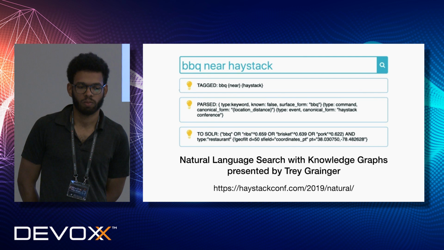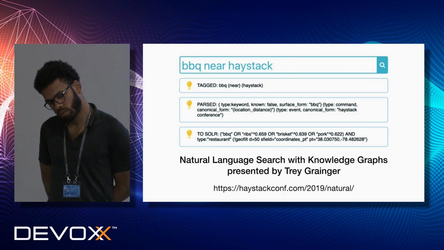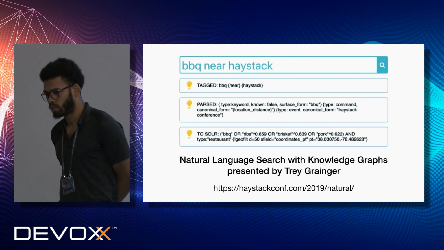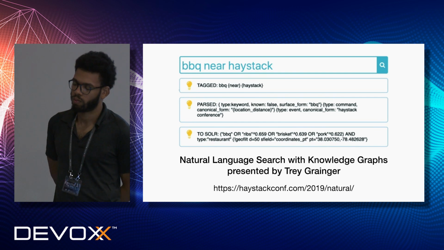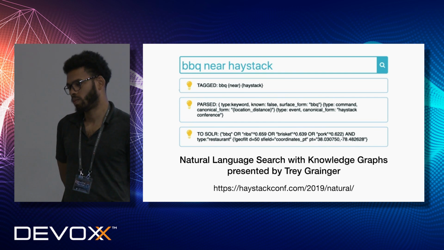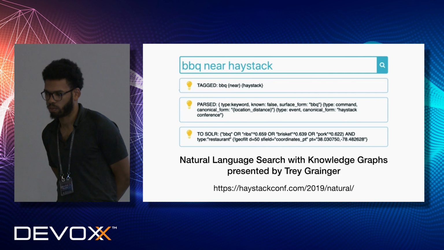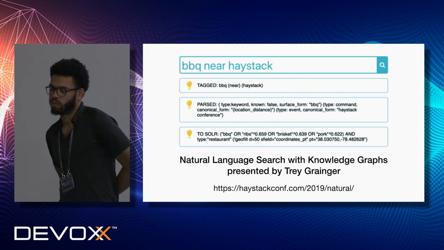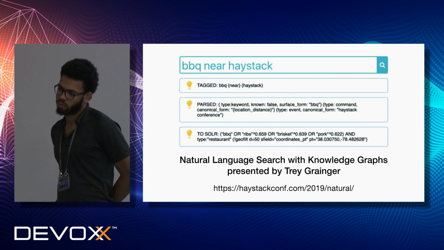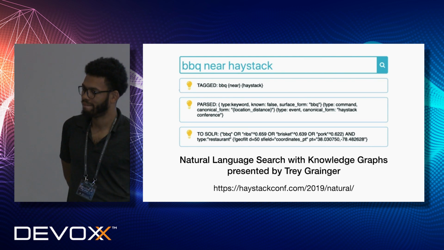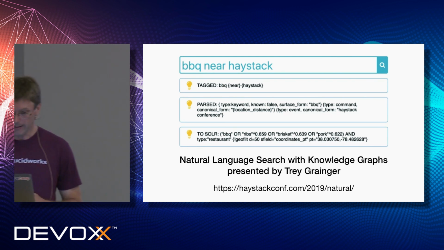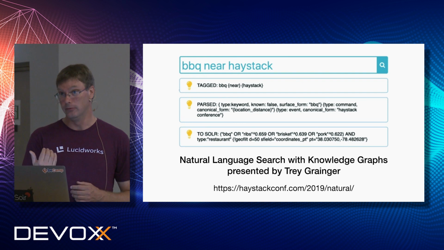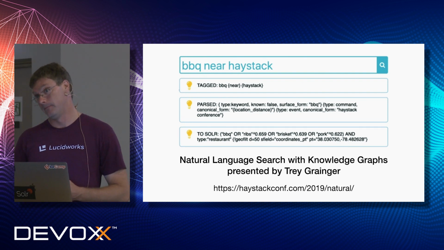And he actually took my little Tagger demo, and then he made it look a little bit prettier with colors and so on, and put this nice little diagnostic stuff in the UI there. In this particular case, he was presenting at a conference called Haystack, which is a great conference in Charlottesville. His example was BBQ, barbecue, near Haystack.